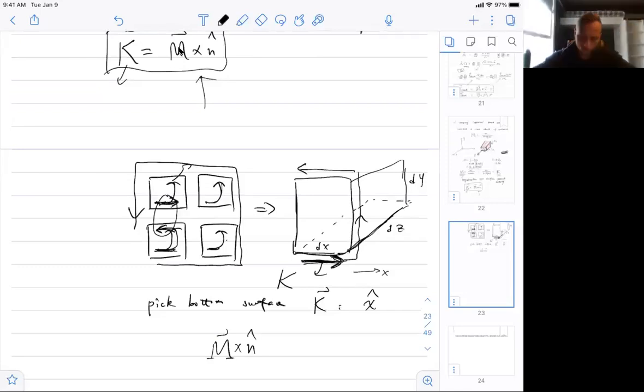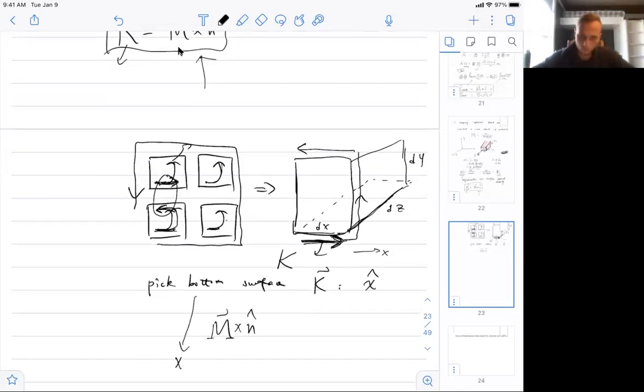The bottom surface is the xz plane, so n hat is pointing directly downward. And that is what direction? Minus dy. Minus y hat. Very good. Minus y hat.